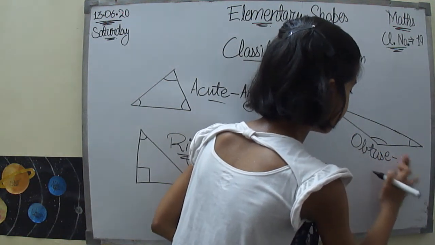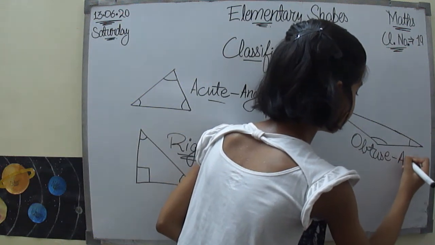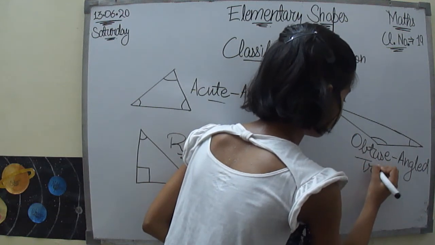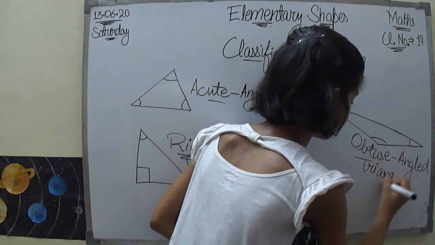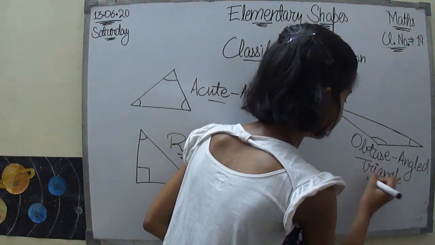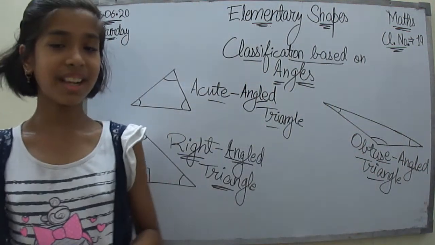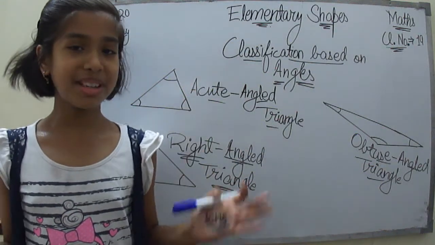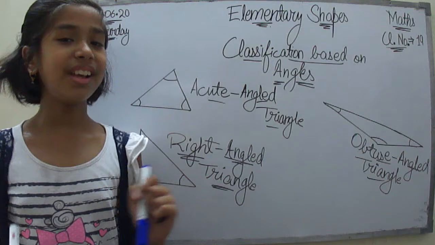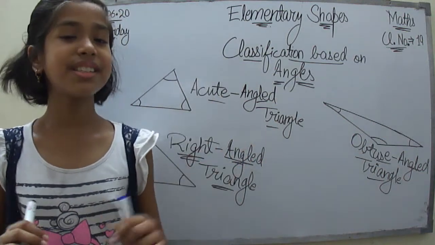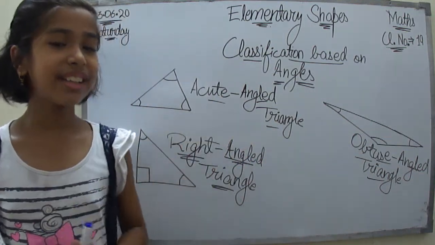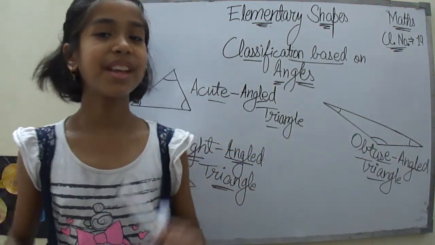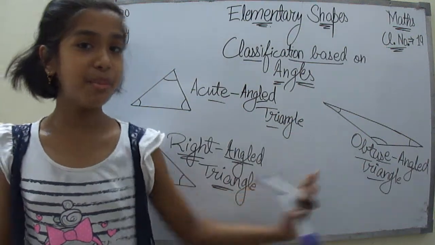Obtuse angled triangle. Now, I think all these are clear to you. Very simple names: acute angle triangle with acute angles, then right angle triangle with a right angle, and then obtuse angle triangle with an obtuse angle.